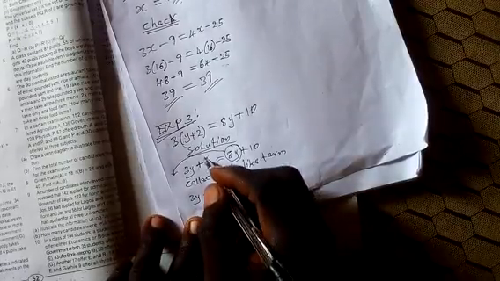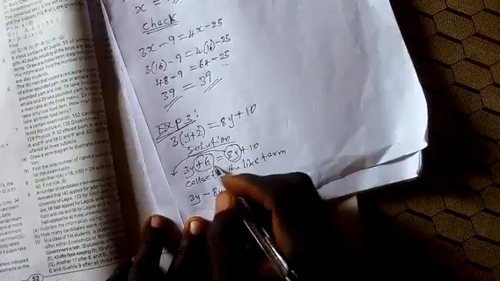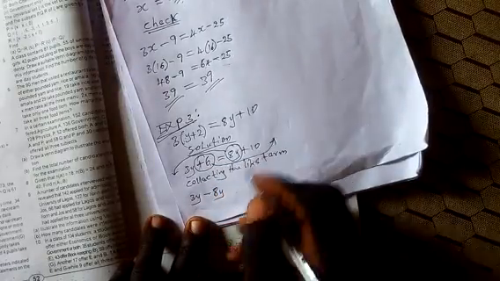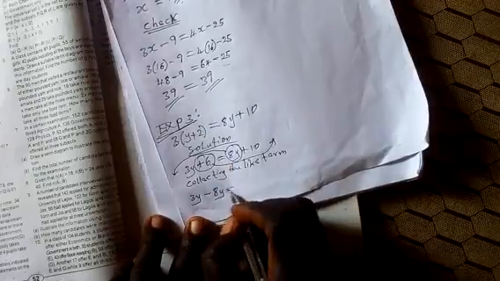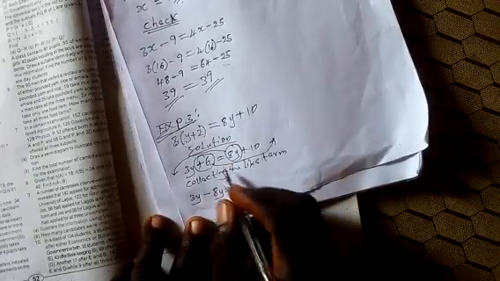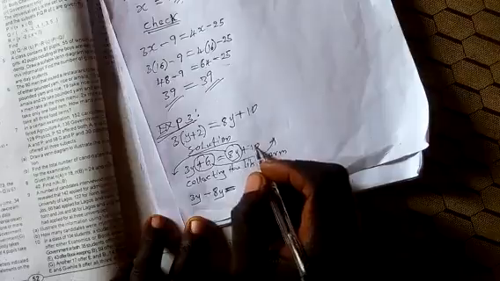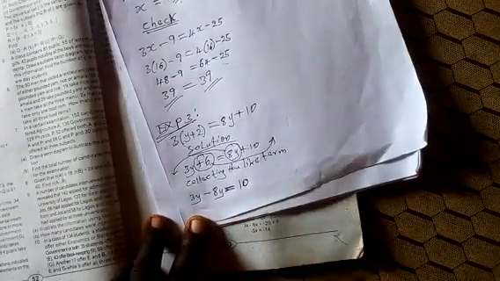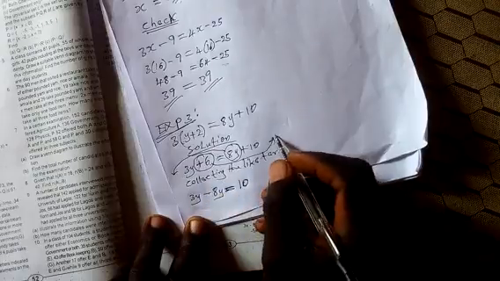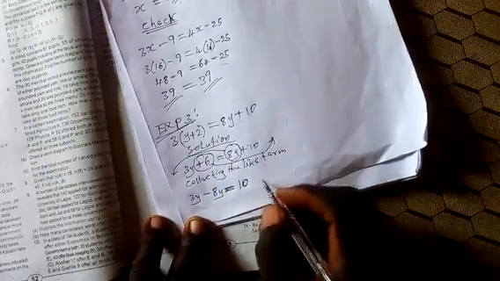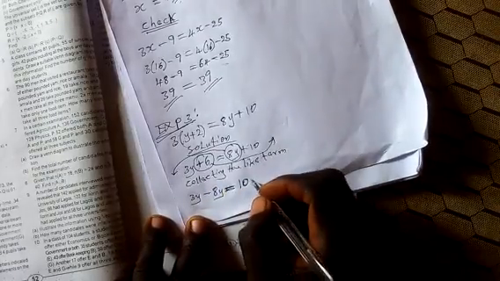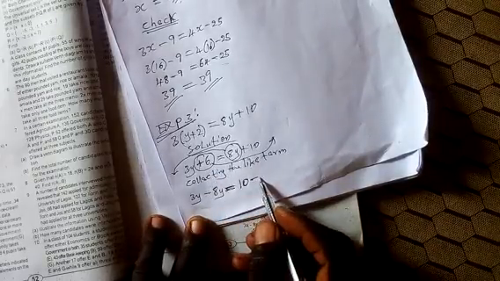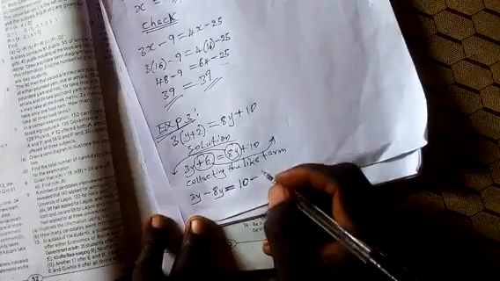Now this plus 6 will be transferred to this side of the equation, equals to 10, that is plus 10. We don't need to indicate plus, we just put down 10. This plus 6, when transferred across the equal sign to the right hand side of the equation, changes to minus 6.